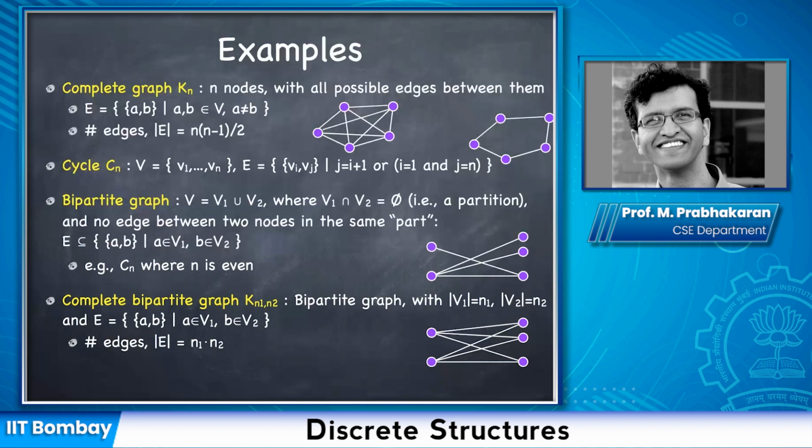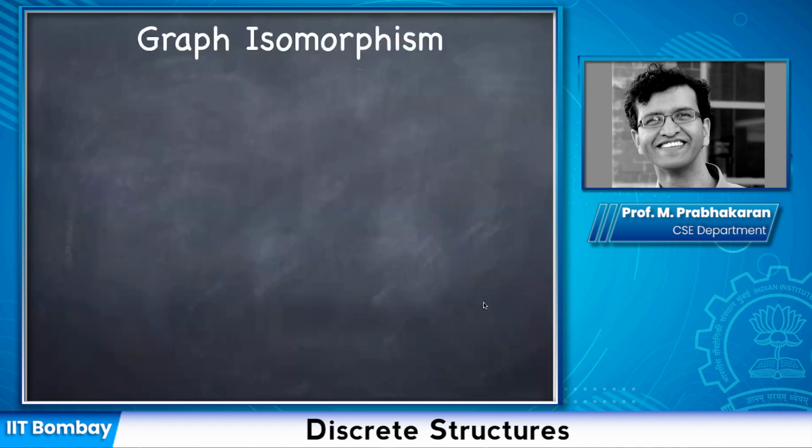And in this case, the number of edges is exactly equal to n1 times n2, where n1 and n2 are the number of vertices on the 2 parts. And we'll see more interesting classes of graphs as we go.